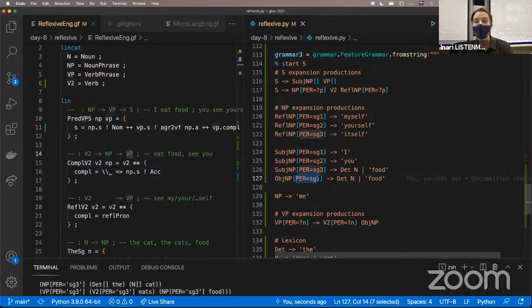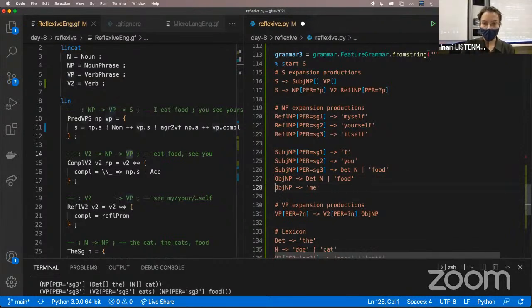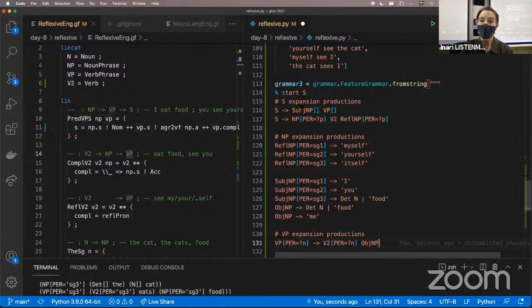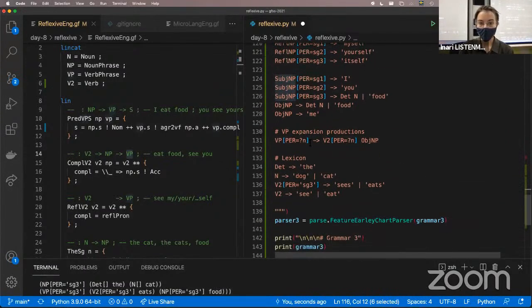This doesn't really matter, what is the person here. Maybe it's clearest if I don't put the feature where it's not necessary. And now me is only obj NP. I don't know what's a good way to put this together, but now we give obj NP only to this, and then subj NP only here. And these don't need to change.